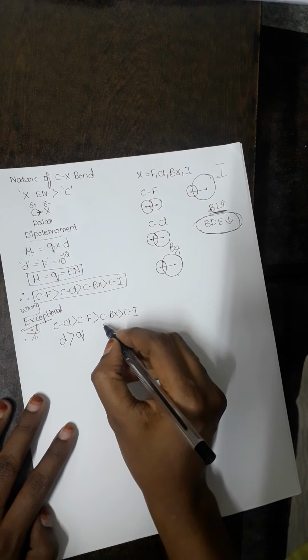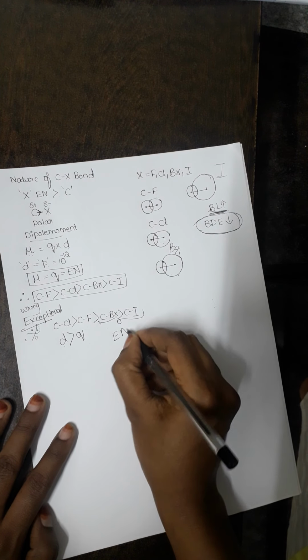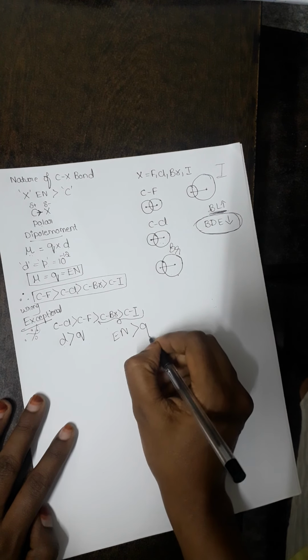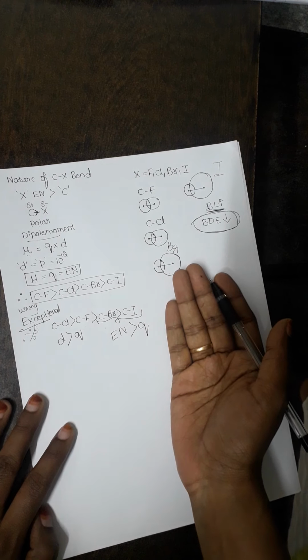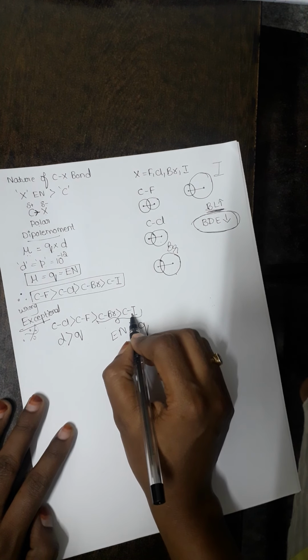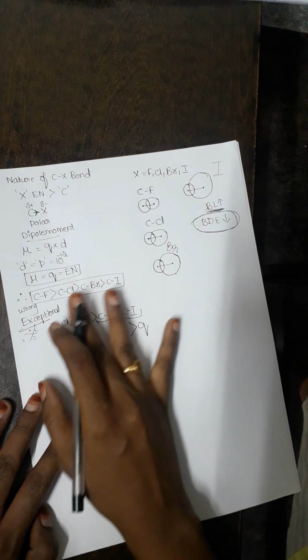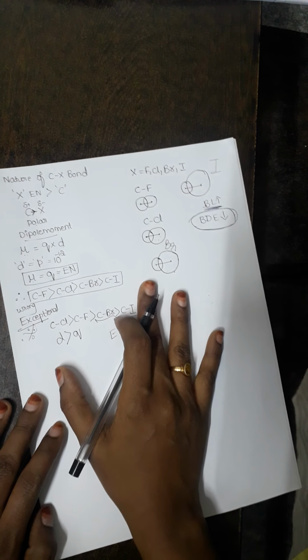In the case of C-Br and C-I, we are assuming that electronegativity is dominating over the charge. C-Br is more electronegative when compared to C-I, so we arrange them as C-Br followed by C-I. So this is the dipole moment concept in the case of haloalkanes and haloarenes.